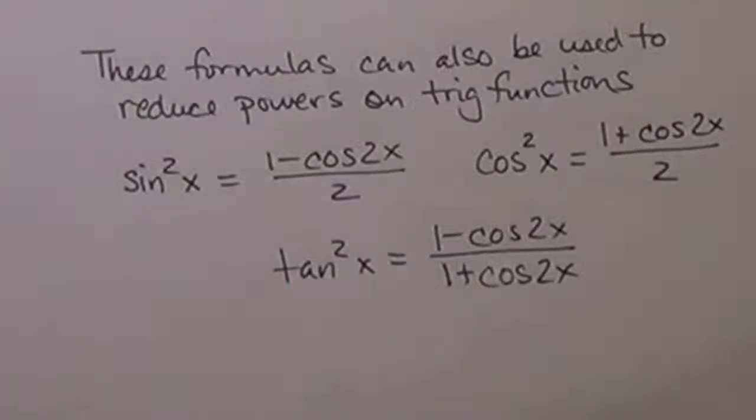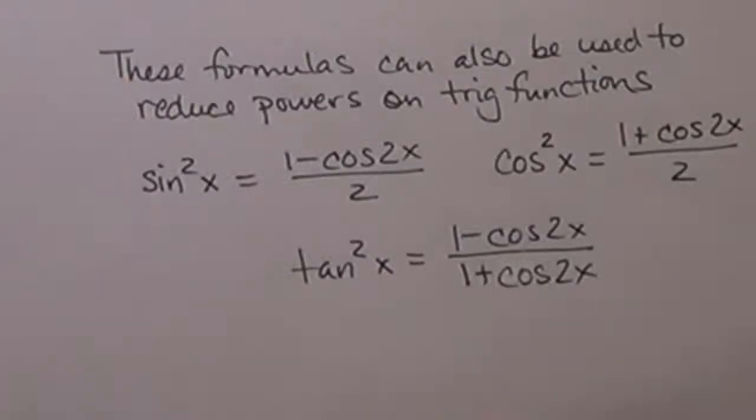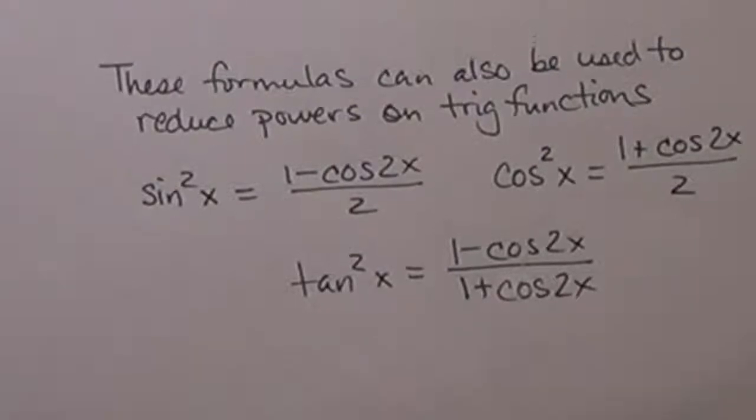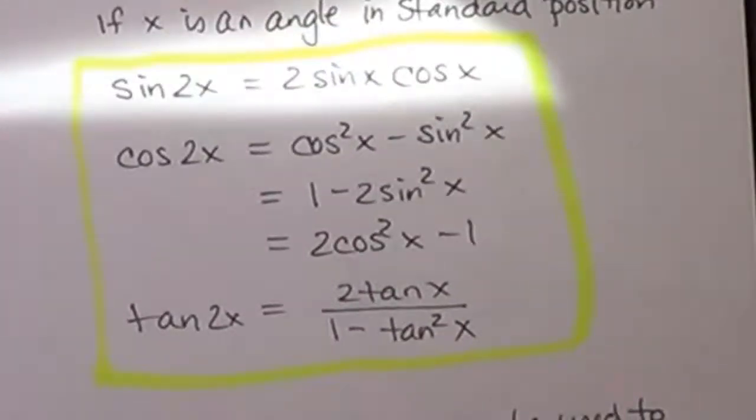You'll notice that in these formulas, the function on one side is of an angle x, whereas the function on the other side is of an angle 2x, and on one side it's squared and on the other side it's not. So it really is a power reduction formula. For the exam and later for the calculus class, you will definitely need to know the double angle formulas.